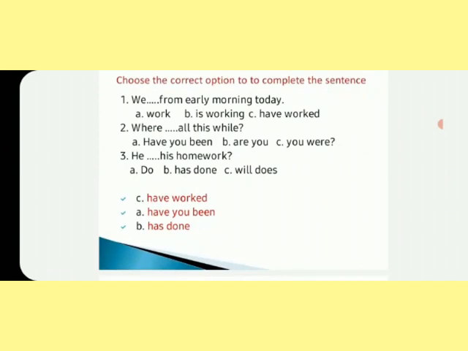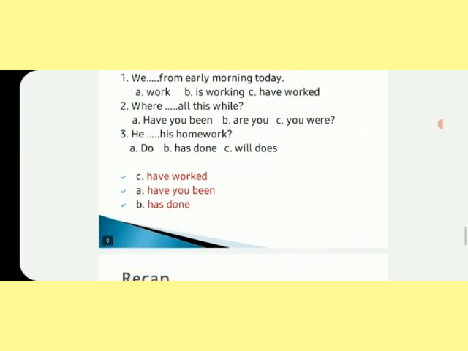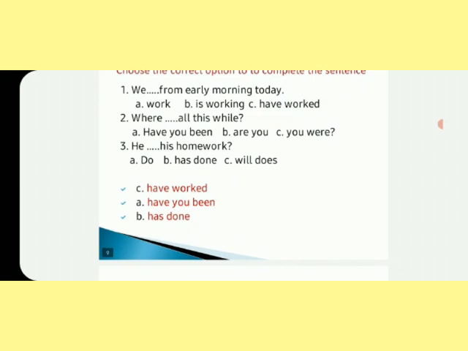Choose the correct option to complete the sentences. We from early morning today. So which one will you choose for the present perfect? Have worked, number C. Where all this while. So which one would you choose? Where have you been all this while?